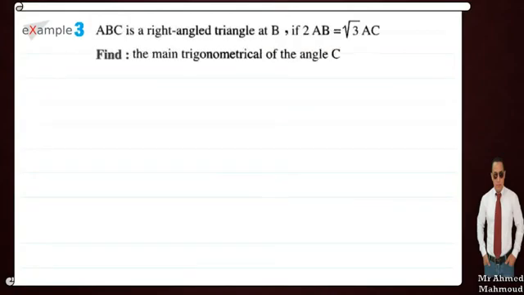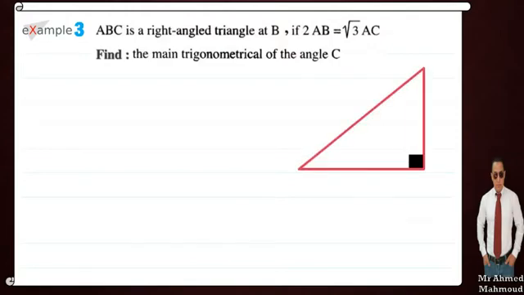Example 3. In this example, ABC is a right angle triangle at B. If 2AB equals root 3 AC, find the main trigonometrical ratios of angle C. First, I'm going to draw the triangle like this.